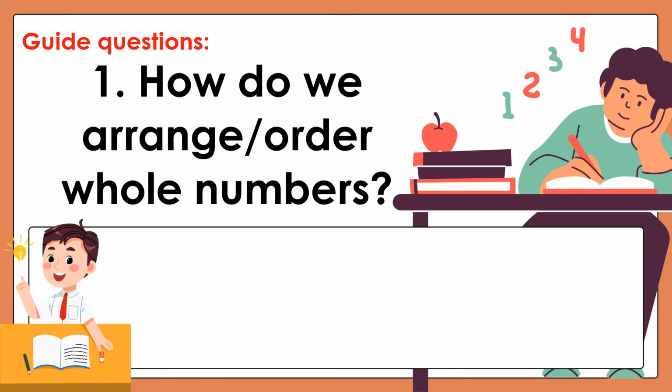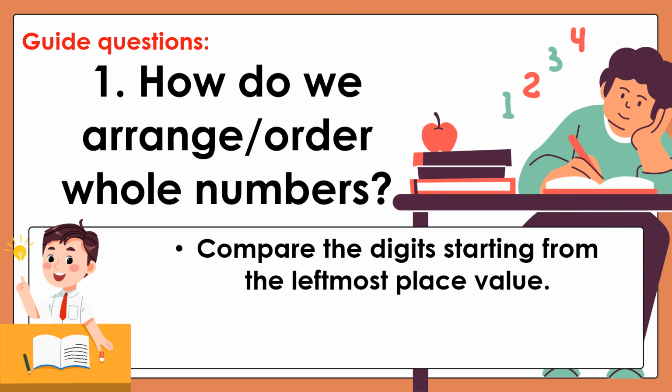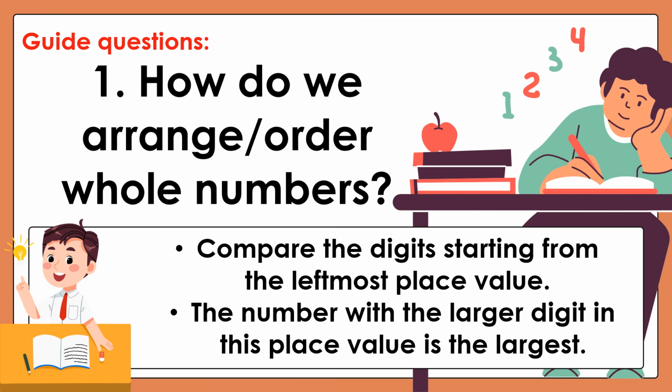Guide questions. How do we arrange or order whole numbers? The answer: compare the digits starting from the leftmost place value. The number with the larger digit in this place value is the largest.